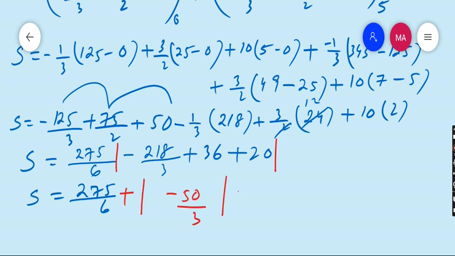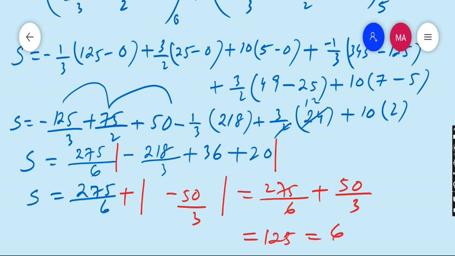So 275 upon 6, after modulus, plus 50 upon 3. Simplify it. The answer is 125 upon 2, which equals 62.5 meters. This is the final answer of part C.